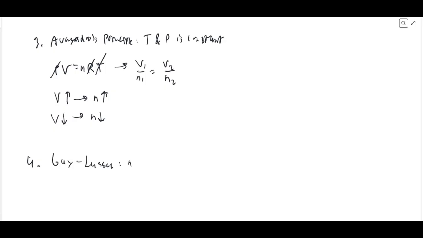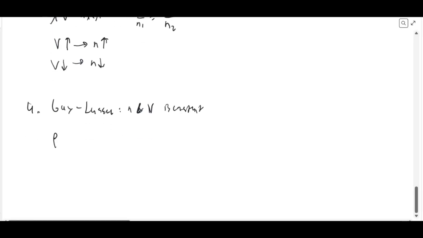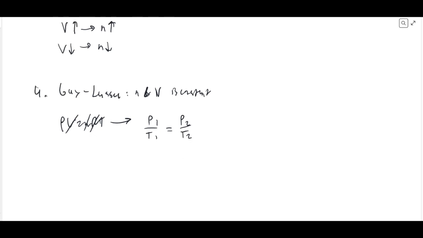And that's just when the number of moles and volume are constant. So volume is gone, N is gone, R is gone. Therefore, we have a relationship where P initial over T initial is equal to P final over T final.